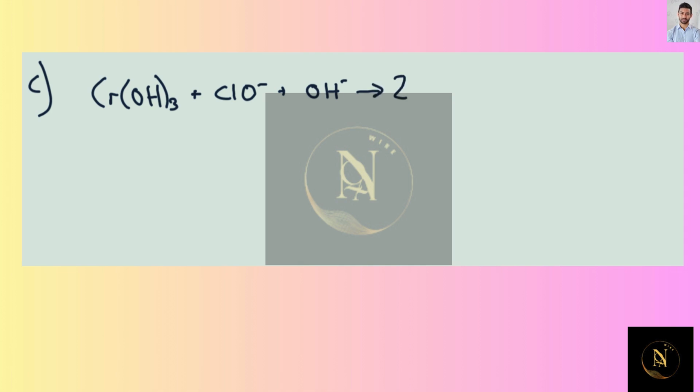We'll leave the subscripts for the second part. So this produces chromate, CrO4 2 minus, water, and chloride.